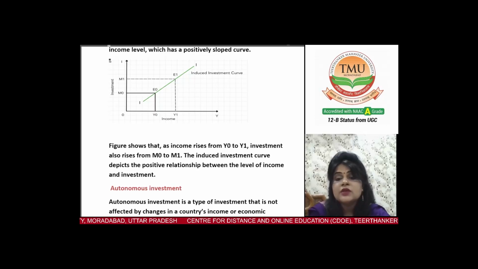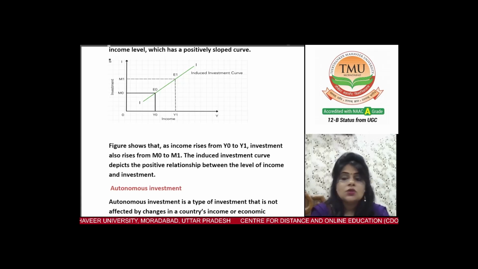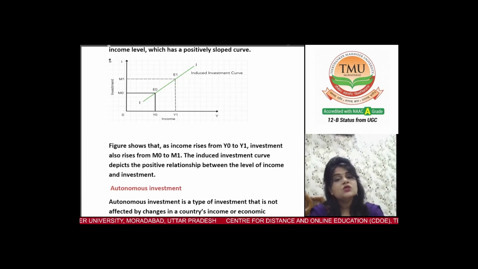Induced investment is not determined by future changes in a firm's output. Output and investment plans are formed, and investment by each firm responds to expectations about market prospects. So, we can say induced investment refers to the investment made by businesses that varies with the changes in the level of income or economic activities.